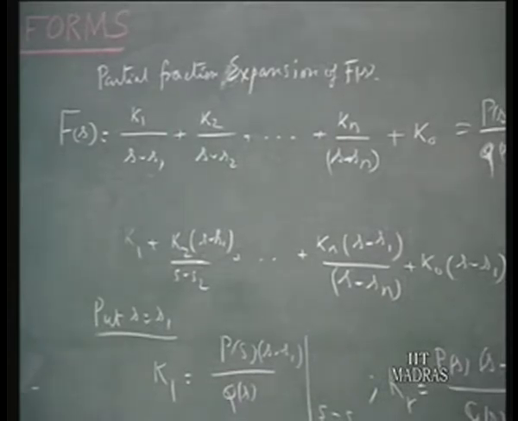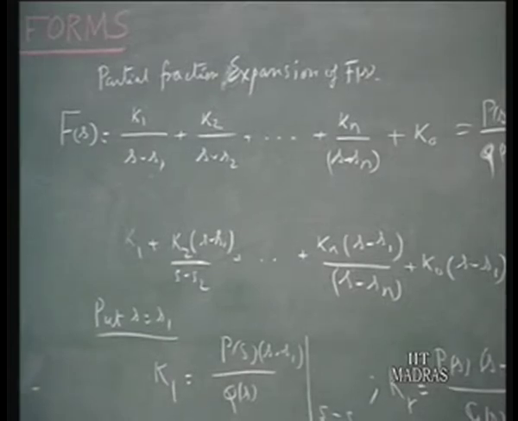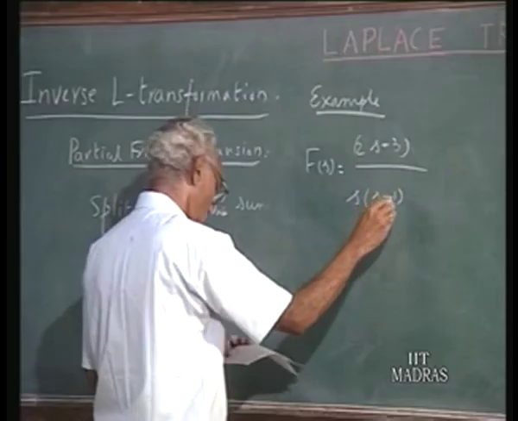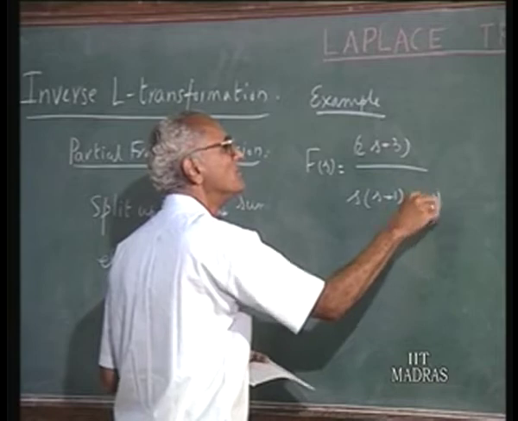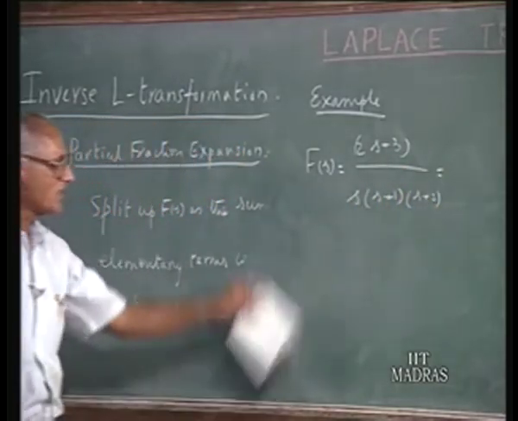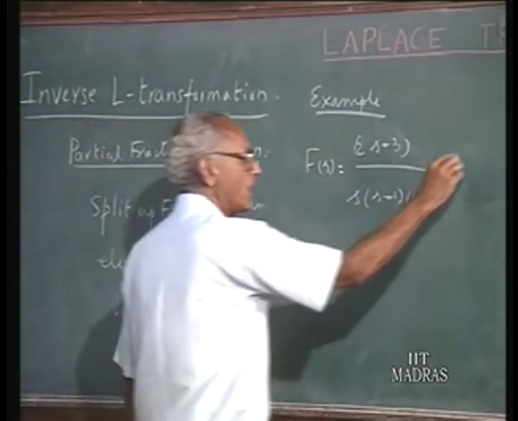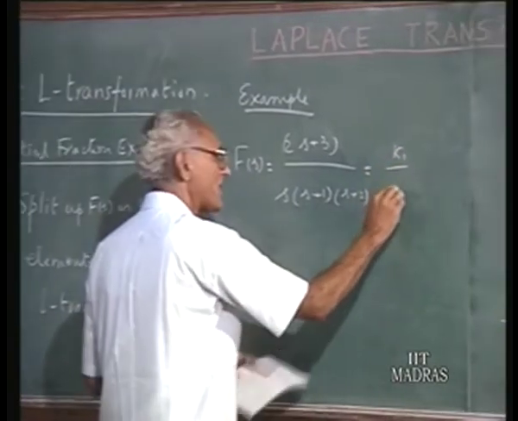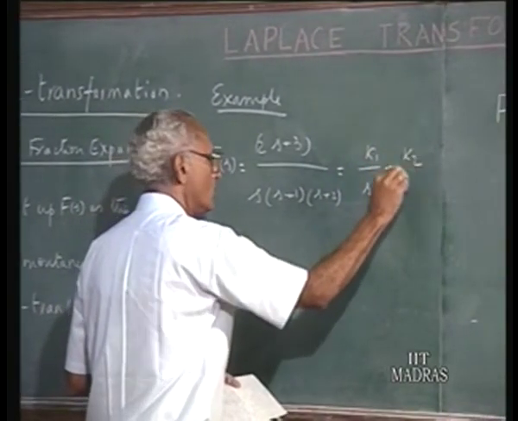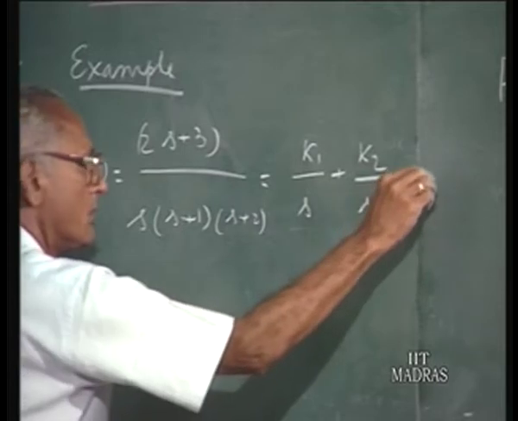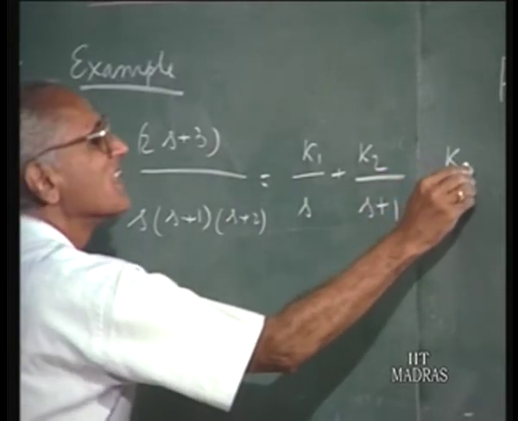Example: suppose F(s) equals (2s plus 3) over s times (s plus 1) times (s plus 2). So, it has got 3 poles. So, I will have K1 over s plus K2 over (s plus 1) plus K3 over (s plus 2).